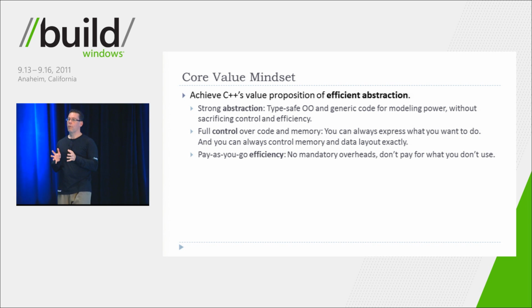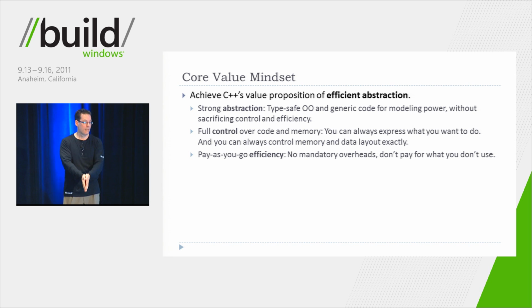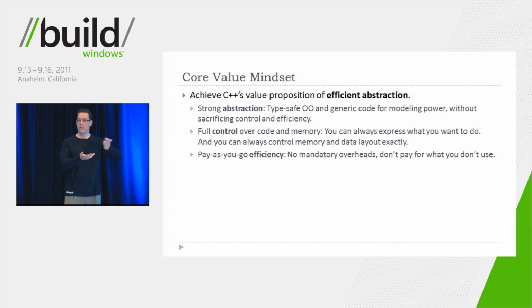The first thing before I get into code is just the mindset. Here is how you should think in C++. You should think that C came along in around 1970, and for the first time gave us a portable language that was efficient and close to the hardware and portable.